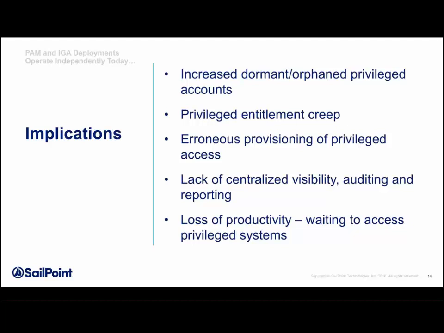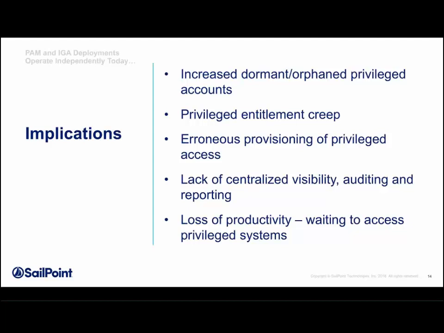Obviously, for any given user, we'd like to prune back. We get entitlement creep. If we're not involving these two systems, integrating them together to benefit from the governance process, privileged users are going to wind up having more access than they actually need. We might also have errors, right? We may have errors in provisioning privileged access because we aren't doing it systematically based upon policy with an automated form.